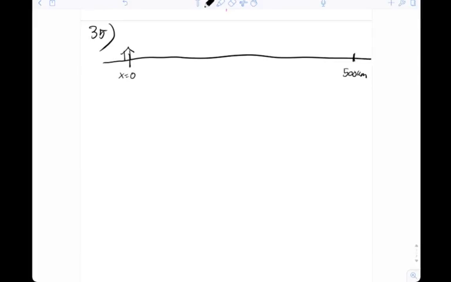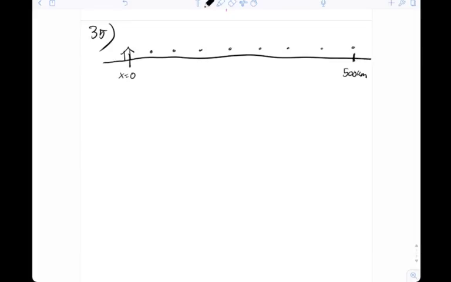So the deal here is that I'm going to move along at a constant velocity like that. How much time is it going to take me to get there? I don't know. Let's see, 100 kilometers an hour, probably 5 hours.